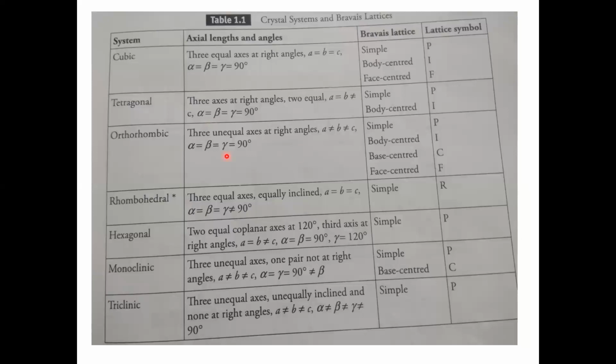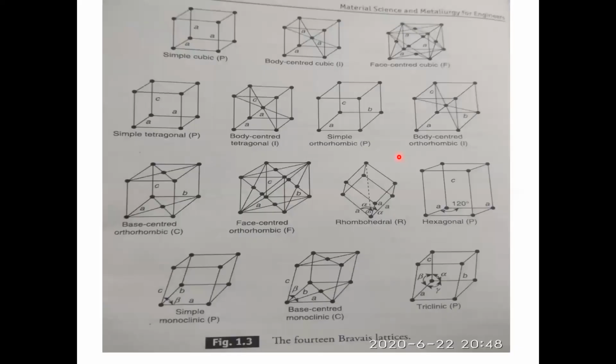This orthorhombic crystal system has 4 Bravais lattices: simple orthorhombic, body centered orthorhombic, base centered orthorhombic, and face centered orthorhombic.